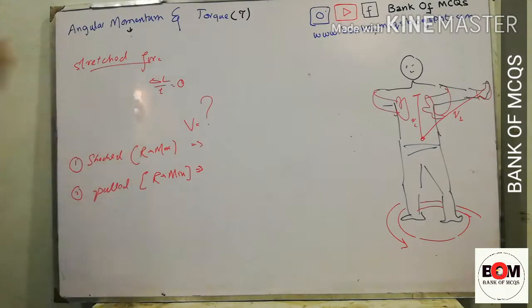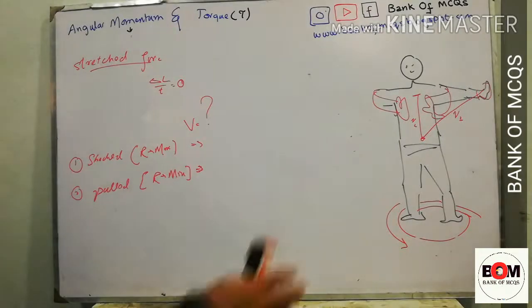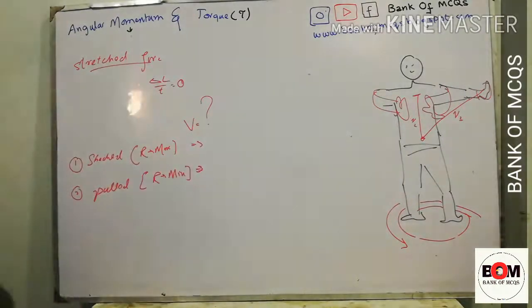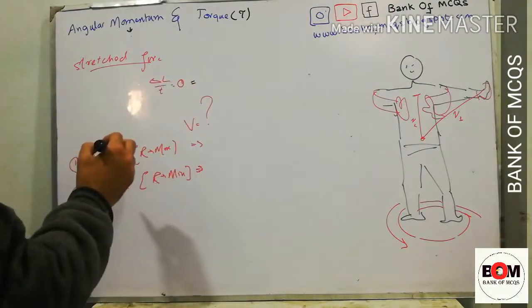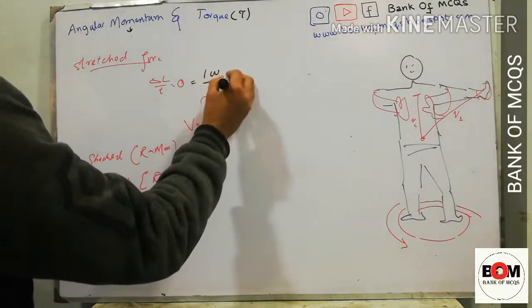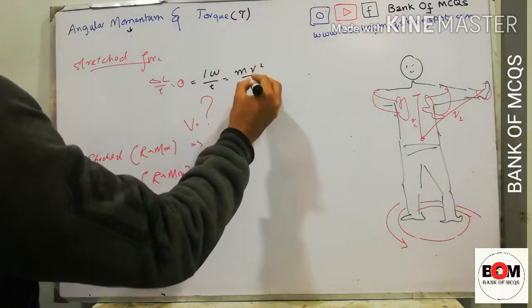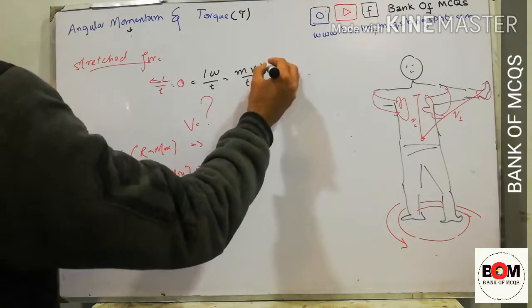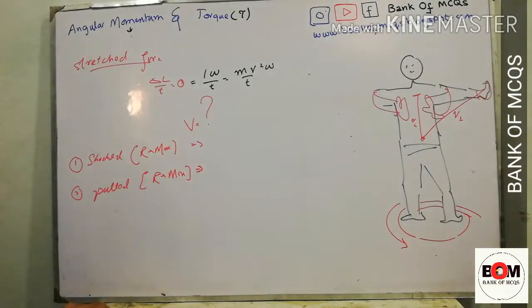The law of conservation of angular momentum says delta L by t is equal to 0 for an isolated system if no external forces act on it. On the acrobat no external forces act, so we call it an isolated system. So for an isolated system, delta L by t is equal to 0, where L by t is I omega by t is equal to 0, and I is equal to m r square, so m r square omega by t is equal to 0.